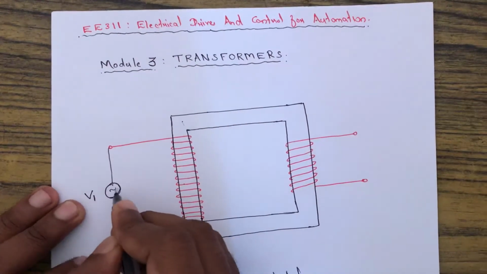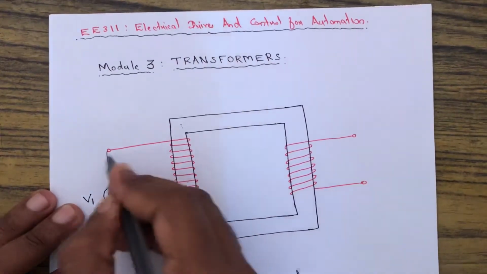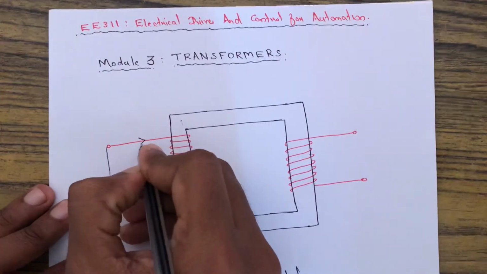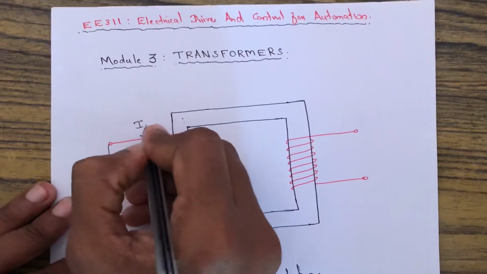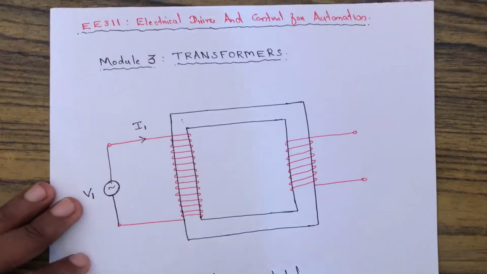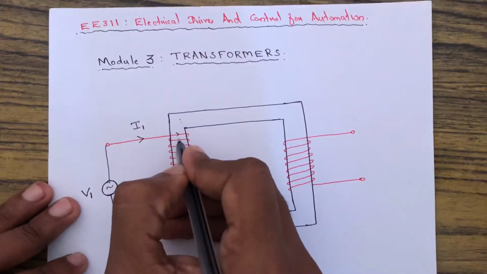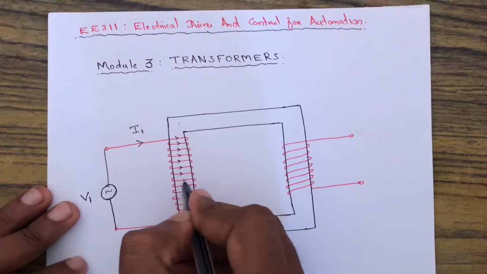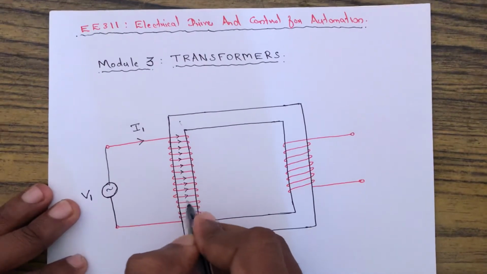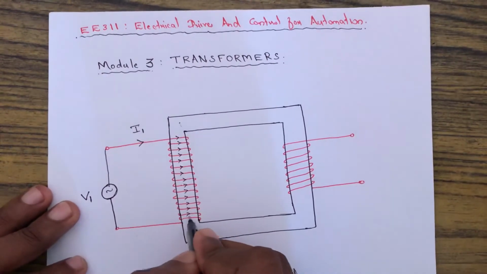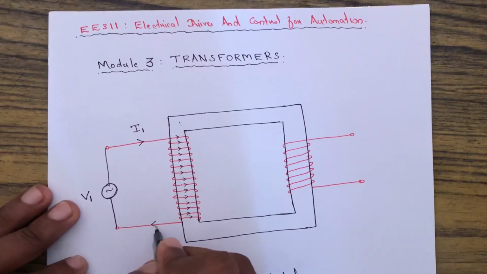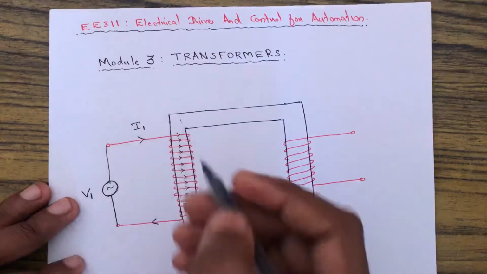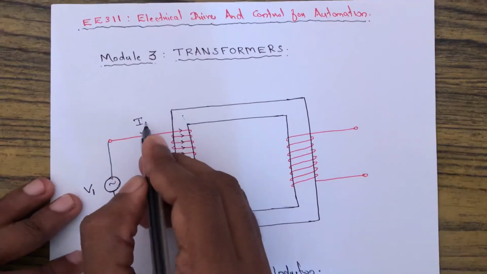If we apply an AC voltage here and the path is a closed circuit, then a current will flow through this conductor. Let it be I1. We represent it as current I, and the 1 denotes the primary.